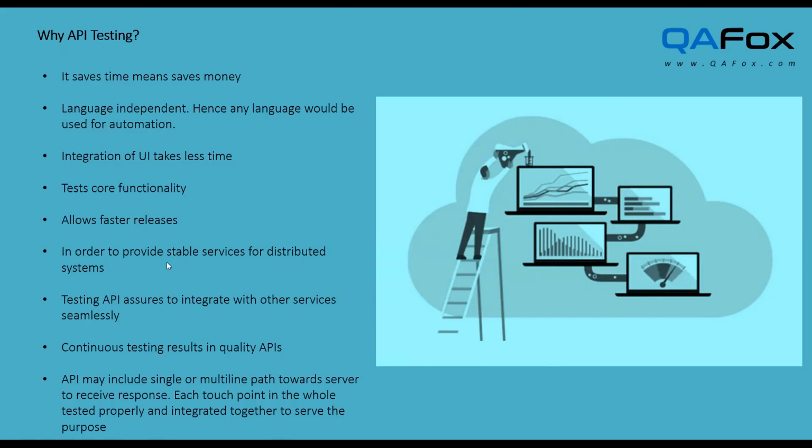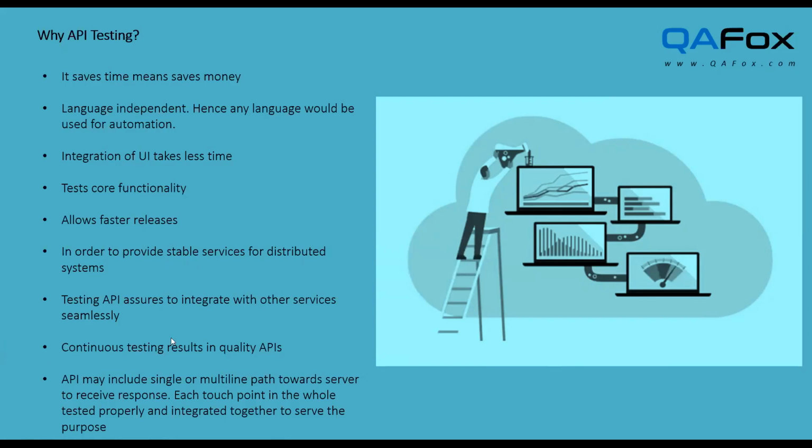You are providing a single API, and that single API is serving your functionality to many companies outside. So it is used in different distributed systems. In that case also, by using API testing we ensure that my service is stable.